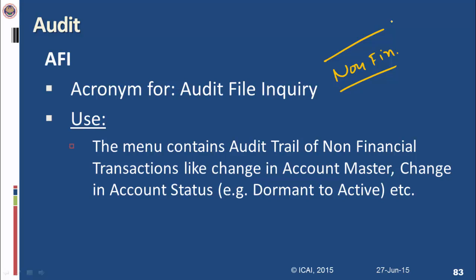Now for the financial nature we have FTI, and for the non-financial nature we need to use this AFI command, right? And this AFI command will give us updates about, let's say, changes in account status and so on.